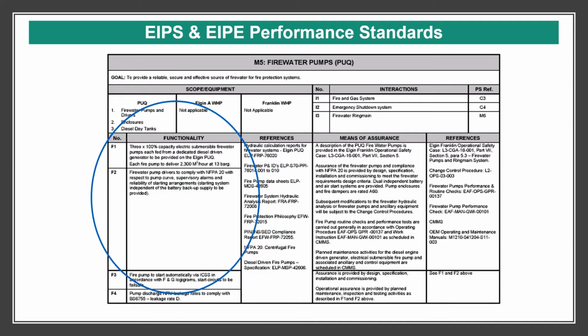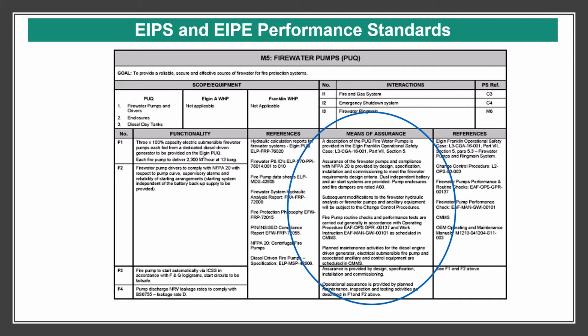The performance standard normally is something like this, and you have to define clearly what is the functionality for a system. For example, this is for the fire water pump, what function it should have, and then we have to give the reference to all the documents related to this functionality, and then put the means of assurance, for example, in the design, in the construction, commissioning, and startup, what measures we put in place.